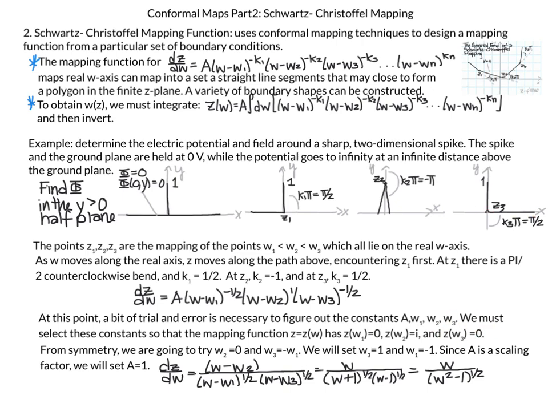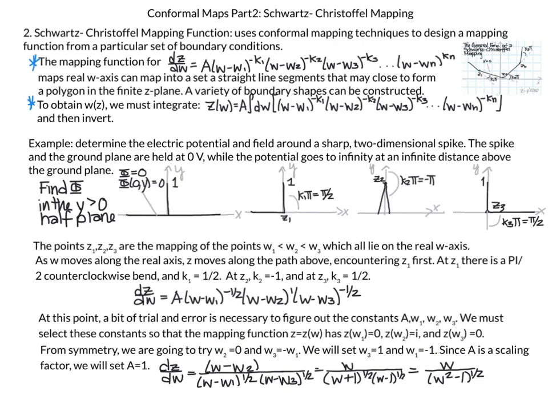So again, we're choosing the easiest numbers such that we're on the real line, we're on the imaginary axis, we're on the real number line. For symmetry, we're going to try w2 equals 0, w3 equals negative w1, and we set w1 equal to -1 and w3 equal to 1, again, small numbers.